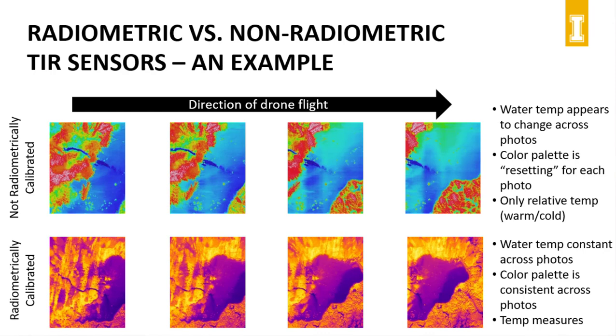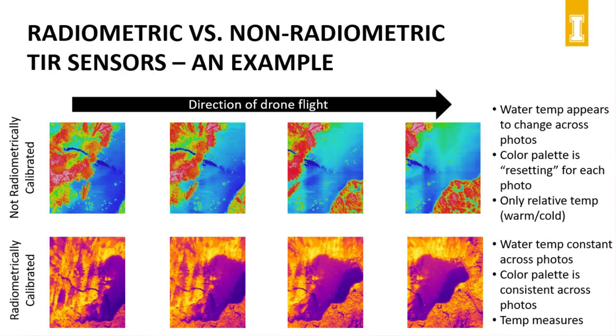So the coldest pixel in that photo is going to get the coldest color, like a dark blue, and the warmest pixel in that photo is going to get the hottest color, that pink or white color. Then when the drone moves over and takes the next photo in the sequence, it's going to apply that same color ramp again. So it gives the coldest pixel the coldest color, the hottest pixel the hottest color.